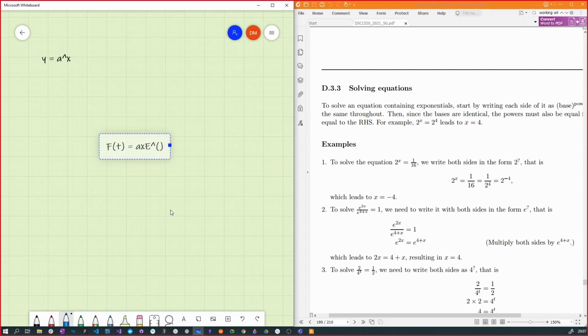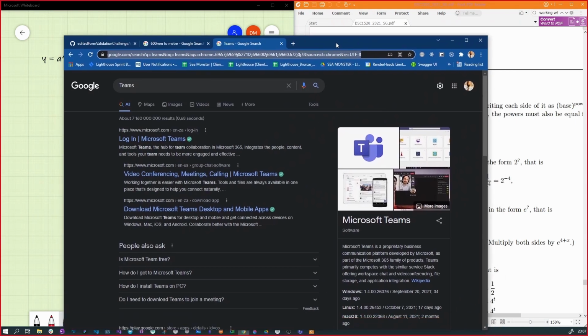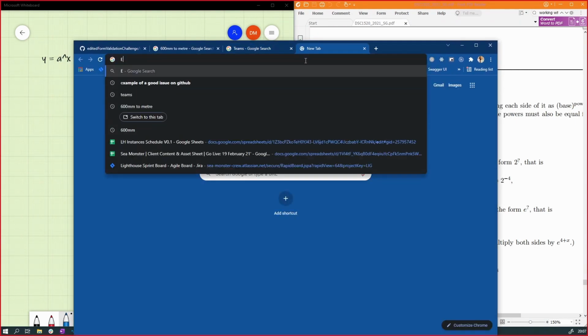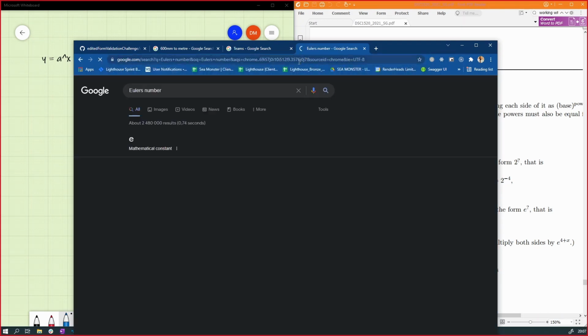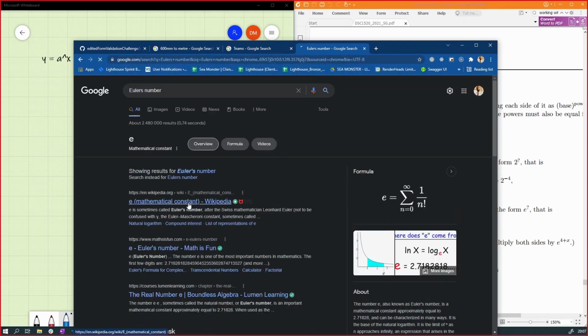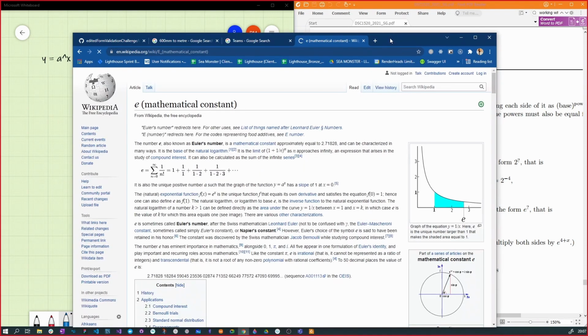It's a specific number that's used quite commonly in maths. The number e, also known as Euler's number, is a mathematical constant that's approximately this number and can be characterized in many ways. It's used in the natural logarithm.